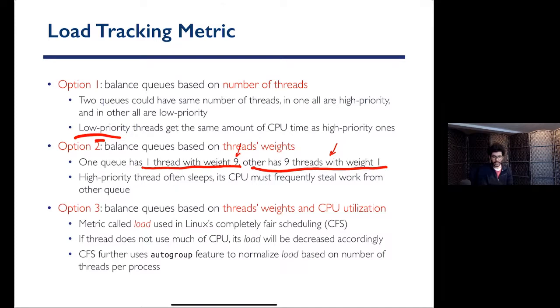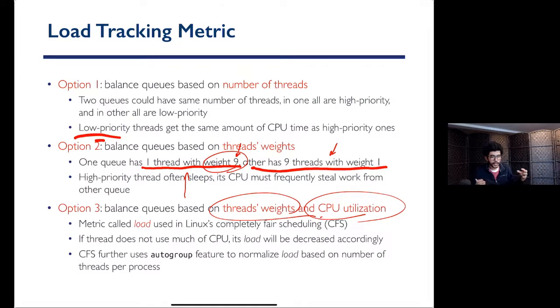So option 3, which is the option that is used in Linux, does use these weights, but also considers the CPU utilization. So it also looks at how much CPU each thread uses. Even if your weight is high, but you go for I/O a lot, then this should bring down the load on this CPU.